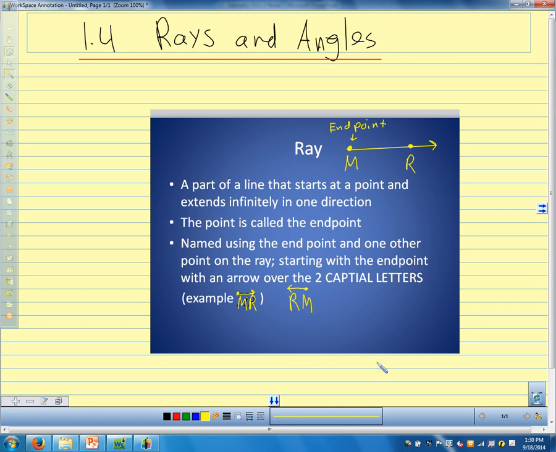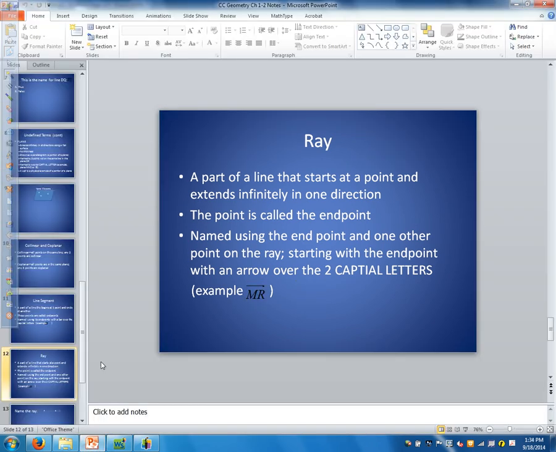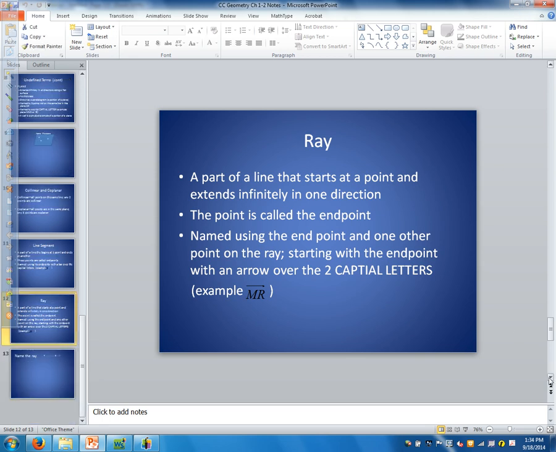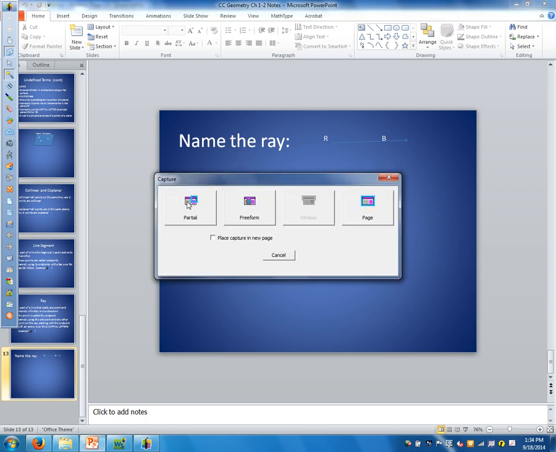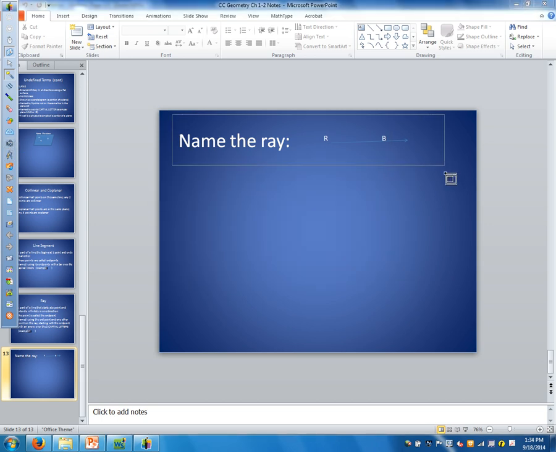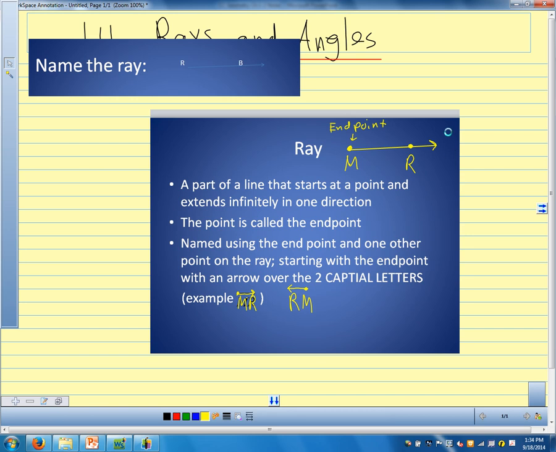All right. Any questions about what goes on our page for our ray? Okay. So now I have a question for you. We're going to name this ray, and I'll draw it in so we can see it a little bit.